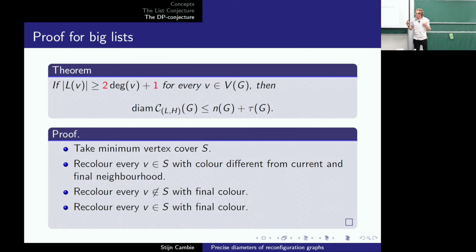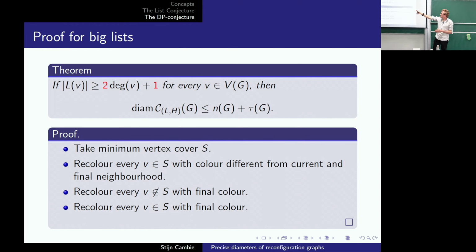In this case, we have to prove that n plus tau is an upper bound. Tau is the size of a minimum vertex cover. So something natural to do is pick a minimum vertex cover, which is the complement of a maximum independent set. First, we will recolor every vertex in this cover.